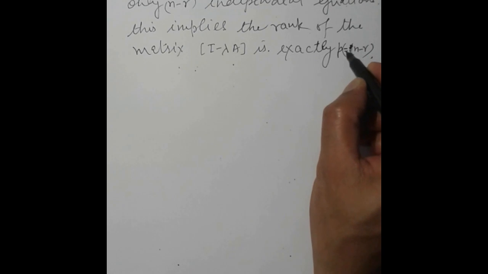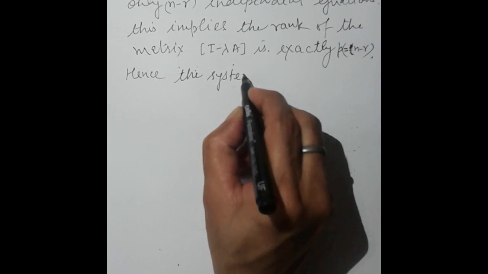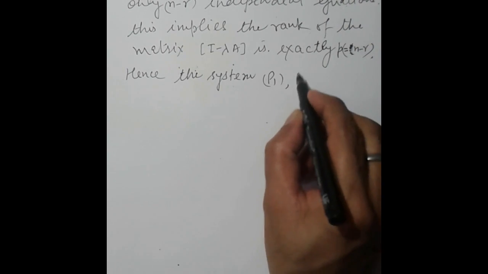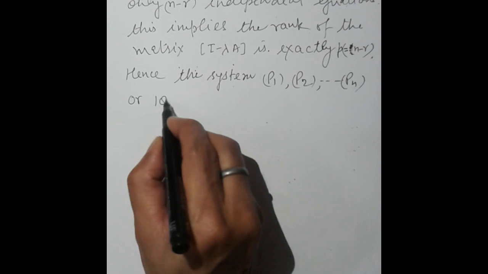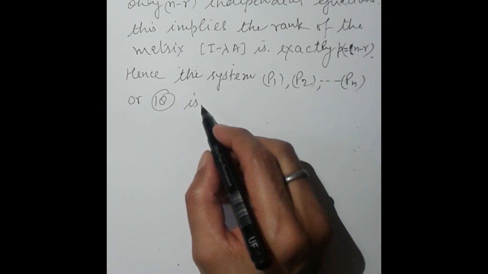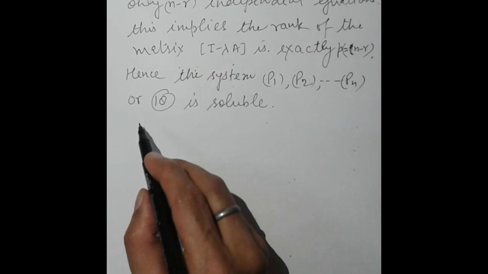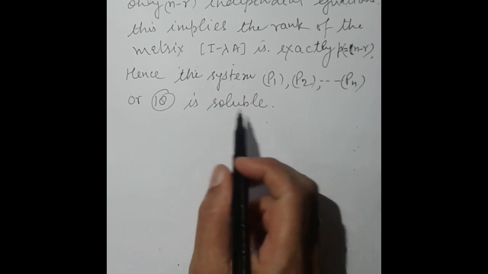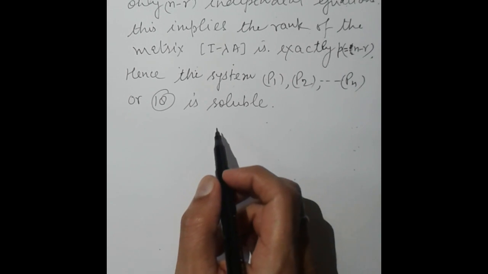Hence the system 18 is soluble. Now substituting this solution in equation 5, we obtain the required solution of the given integral equation 1.